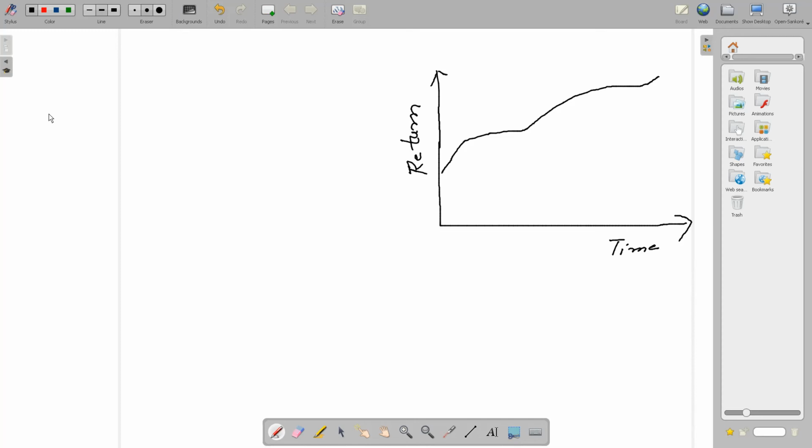Now we'll show it from this one. Say we'll draw this chart where the horizontal axis we are representing time and the return. Suppose the movement of the Nifty over the last 1 year, 2 year, 3 year, 4 year is this one. Correct?